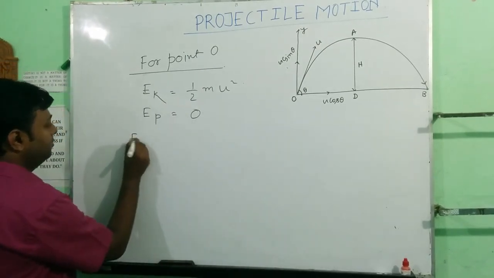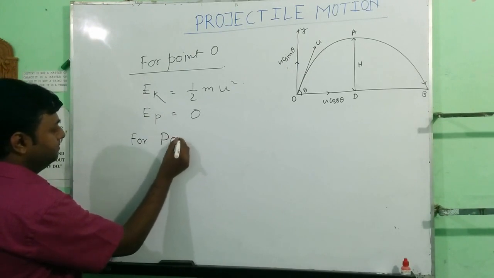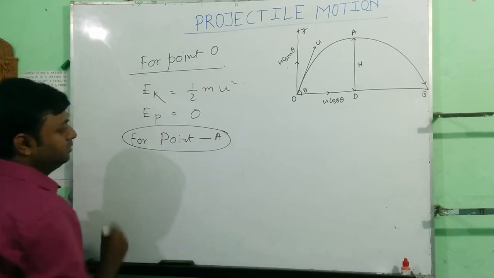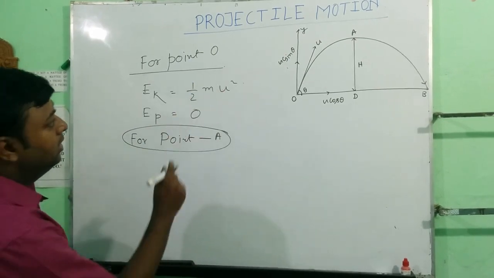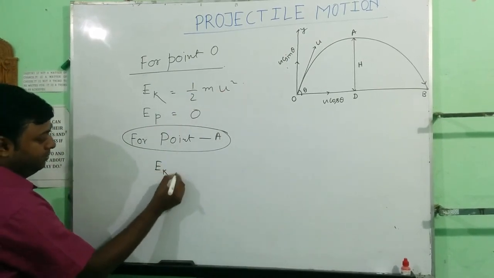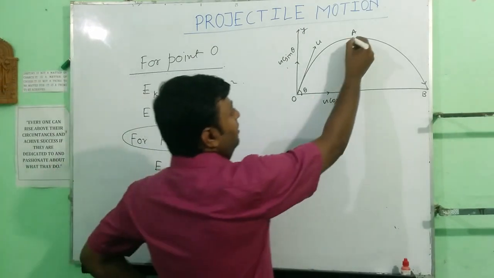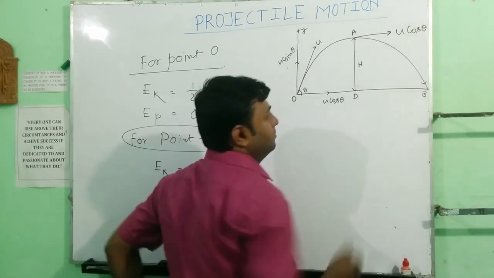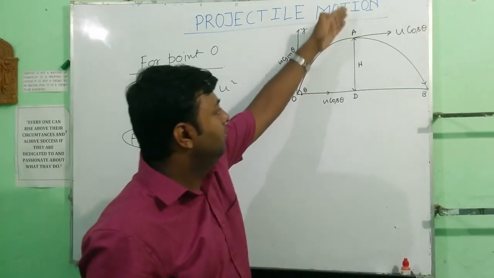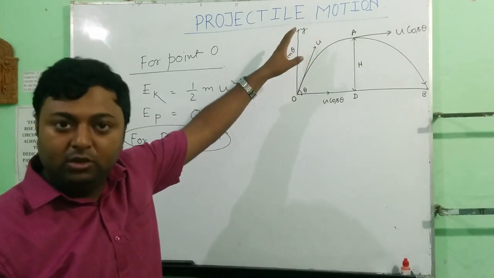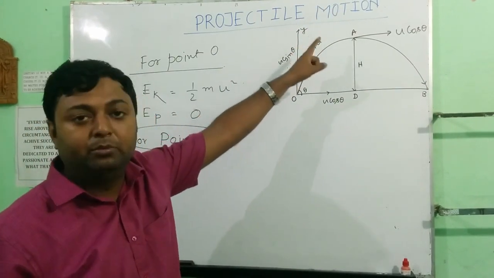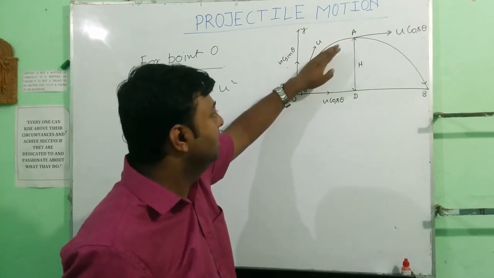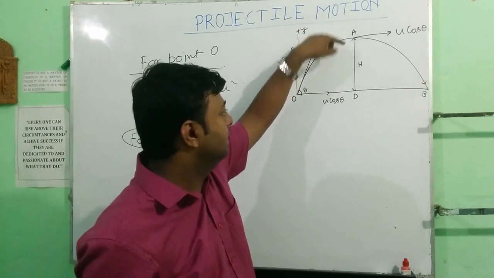Now for point A, the kinetic energy, here the particle moves in the direction u cos theta, because the vertical velocity component is 0. If it had a vertical velocity component, then the particle would reach more than the maximum height.